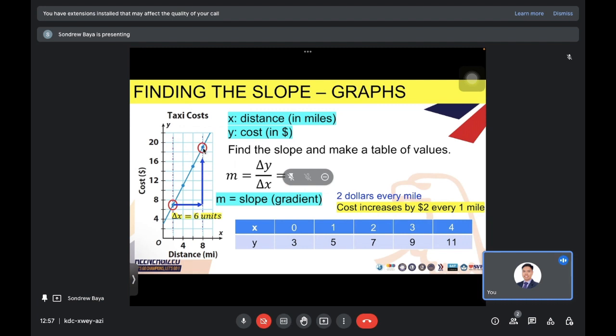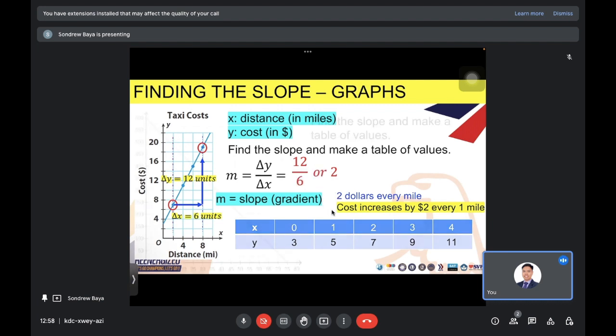If you have another way of determining the change here, it's all up to you. But if you look at it, from this to this, it's 2. From this one to the middle of the other, that's another 2, that's 4 already. 6, 8, 10, and 12. Therefore, the change in y is positive 12, giving you a change in y over change in x of 12 over 2, or simply 2.